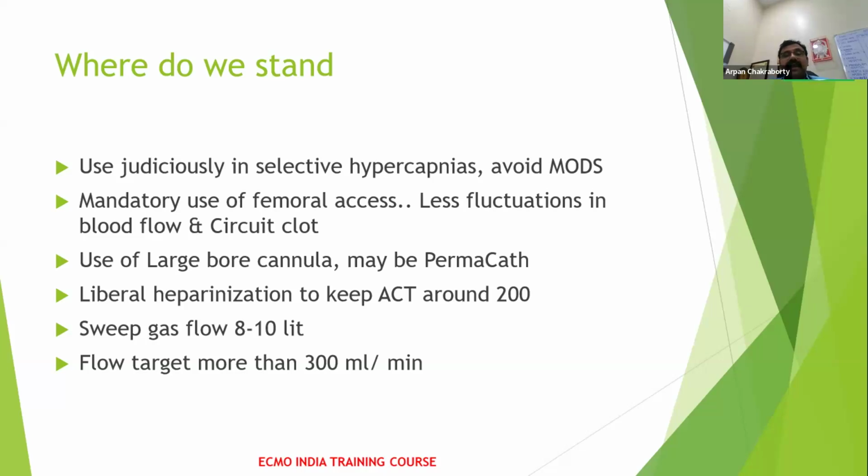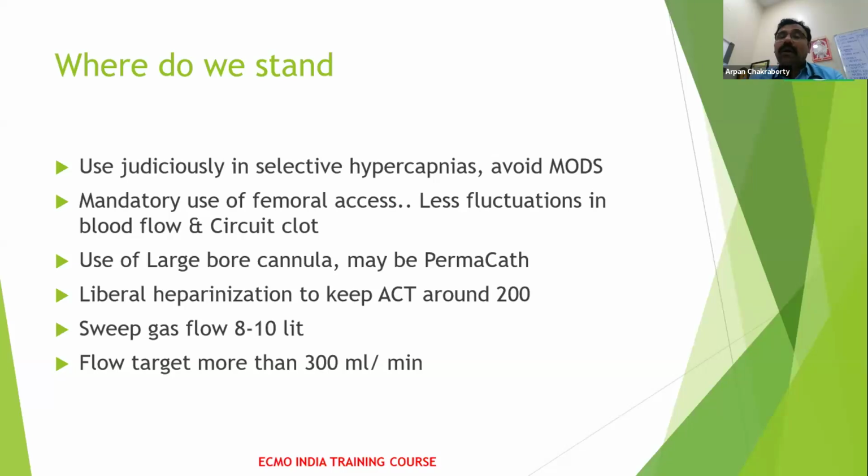Sweep gas flow should be 8 to 10 liters. It is connected with the flow meter in the wall, and you come down on the sweep gas if your carbon dioxide is reducing. Flow target should be kept around 300 ml per minute. With that flow, you can maintain a good carbon dioxide removal over a period of time.